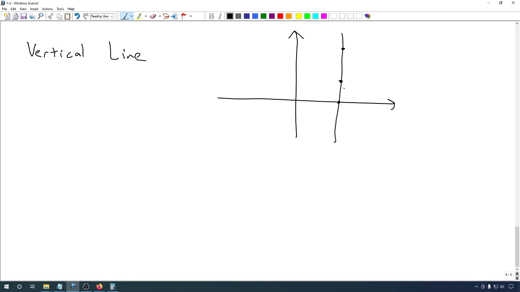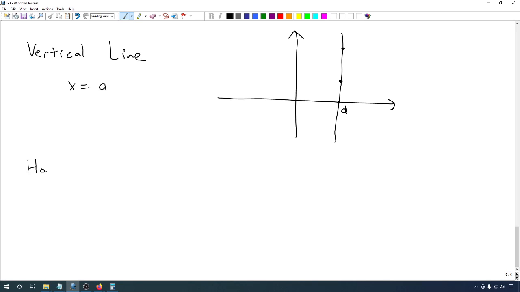In fact, they're all determined by where that vertical line hits the x-axis. So whatever that common x value is, let's call it a, the equation of that line is going to look like x equals a. Since there's no y's here, y is allowed to be whatever we want it to be, and that gives every point on that vertical line.